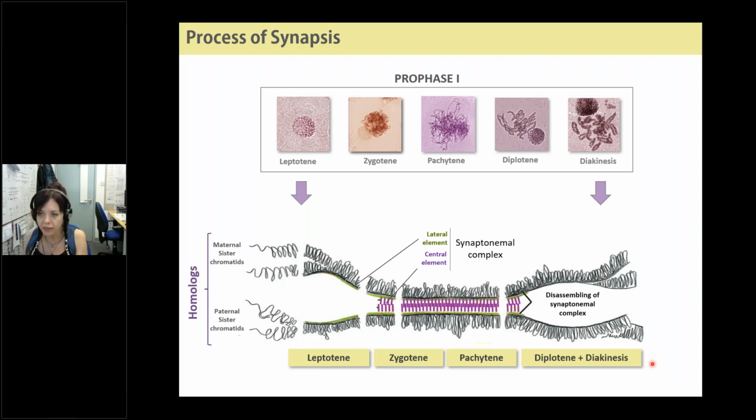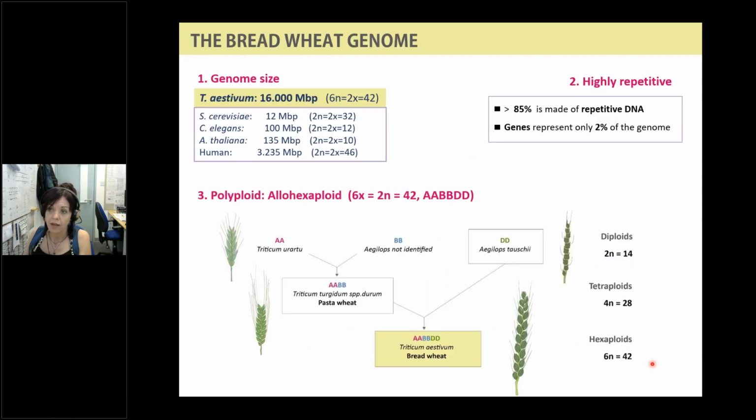This is a complicated process in any species that we are now starting to understand. But if we move into wheat, then it becomes particularly interesting for several reasons. And I know you all here know all this, but I really want to highlight it because some of these peculiarities of the wheat genome might be one of the reasons why some of the results obtained in plant models to modify recombination might not be directly transferable into wheat, such as the huge genome size, the high percentage of repetitive sequences, and more importantly, because bread wheat is a polyploid, an allohexaploid.